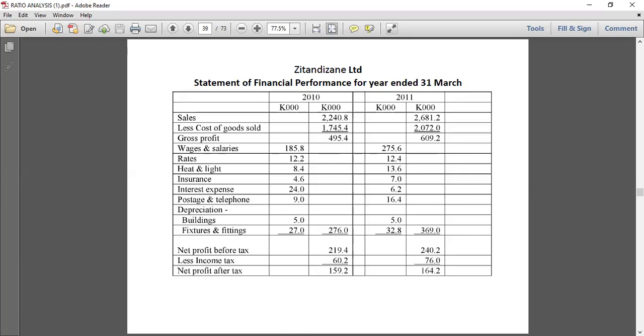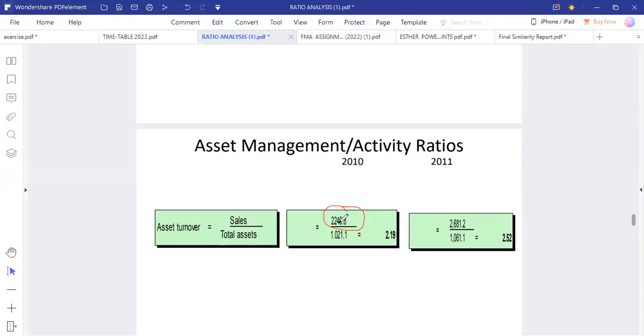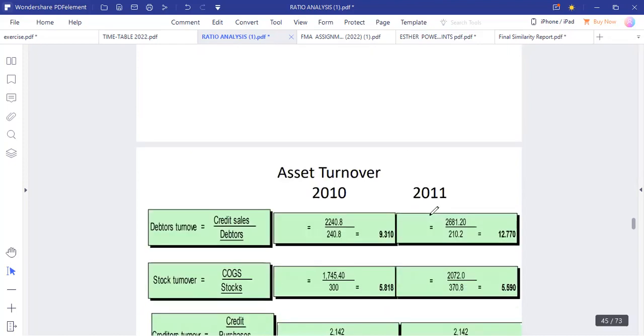So 2240 divided by what we've just found, 1021. So 2240 over 1021, here we get 2.19. The same way, you get the readings from the other year and divide them. So basically, we are using the formula to just get the figures there.